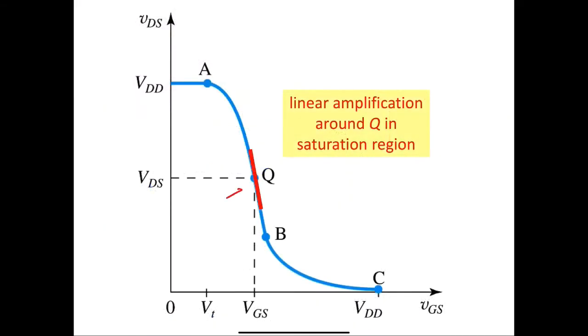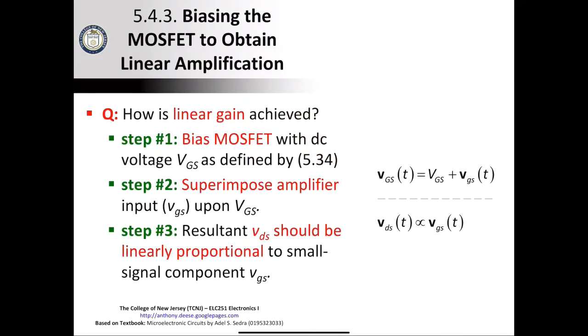Okay, so how is linear gain achieved? Let's get into the nuts and bolts of exactly how we're going to do that. We're going to apply the small signal model again. The basics of it are the same as when we applied it in Chapter 4 to the diode.